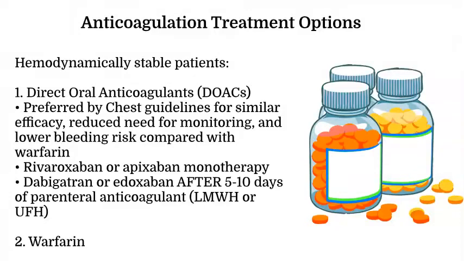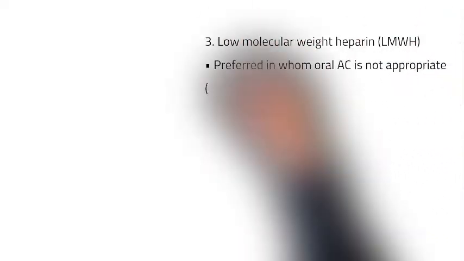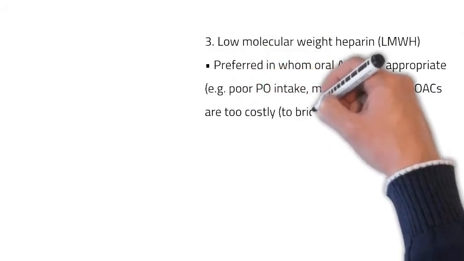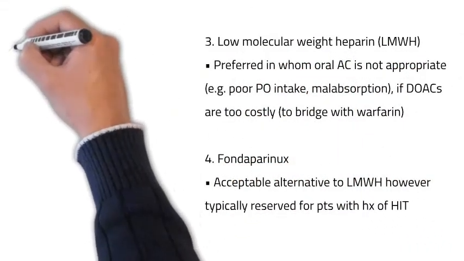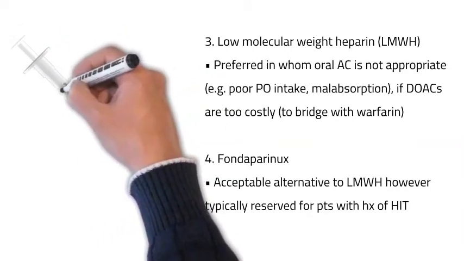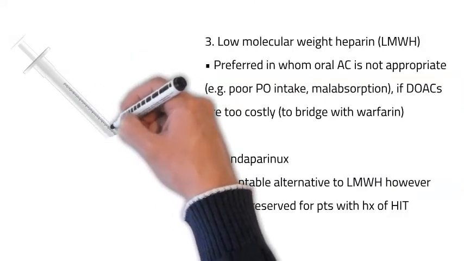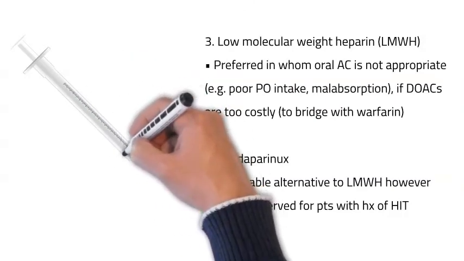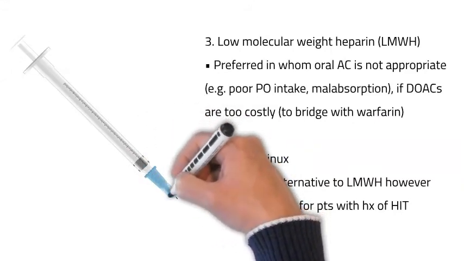And so there might still be some people who just may not be appropriate for an oral anticoagulant. So this could be patients who have poor PO intake or have absorption issues. They may not be able to take an oral anticoagulant, and in those patients, low molecular weight heparin would be preferred, something like enoxaparin, given sub-Q.